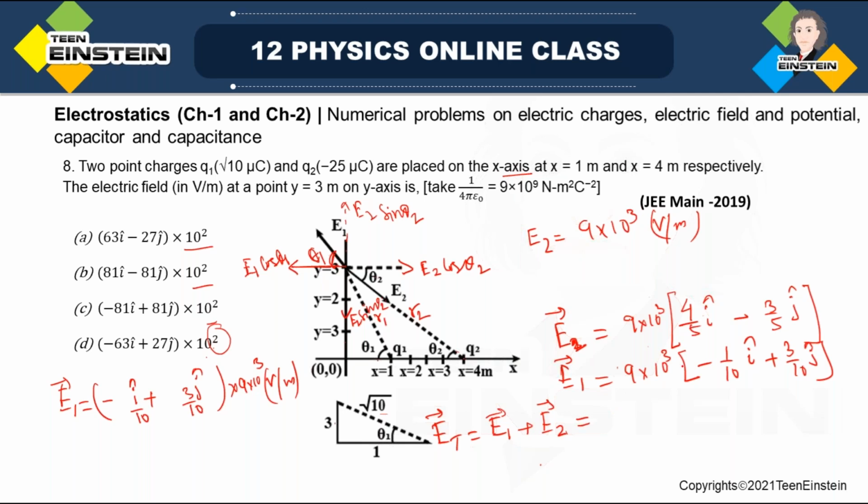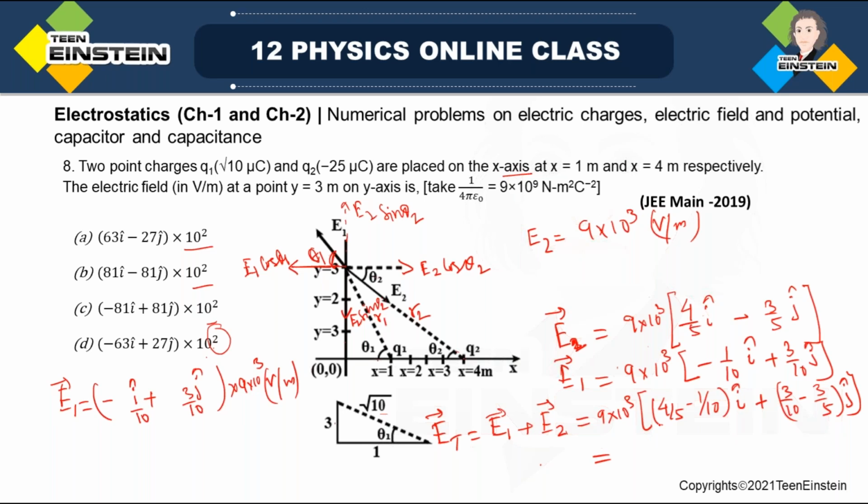In the vector form we can just see 9, let this be out, common to both of them. So here it will be 4 by 5 minus 1 by 10. We have to do a small calculation of LCM. So this is 3 by 10 minus 3 by 5 j cap.